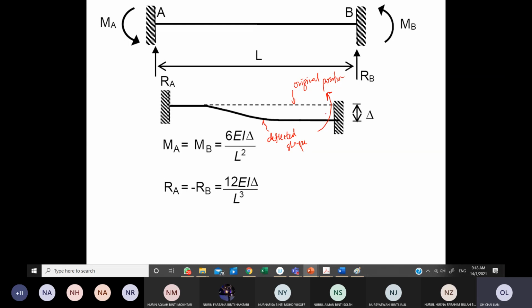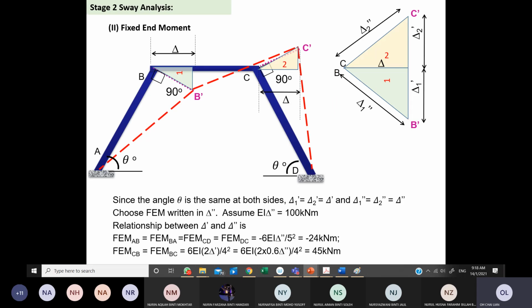And these moments act in the same direction at the other end. So if this is counterclockwise, at the other end also counterclockwise. Let us try for our deflection here. For AB, can you guess, class, what is the direction of the fixed moment?